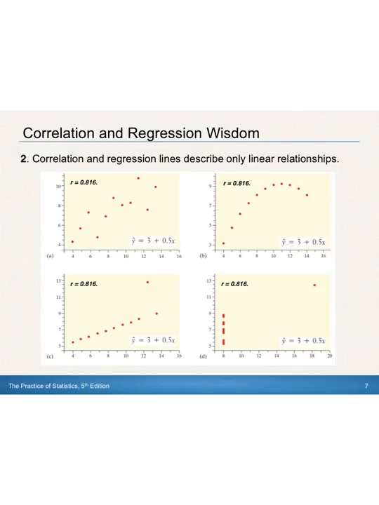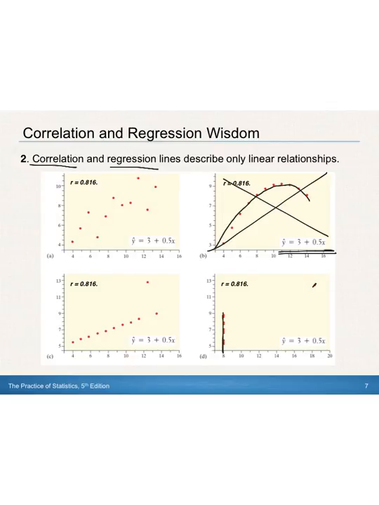One of the things you need to be really careful with is that we have focused almost exclusively on linear models, and so remember that correlation and regression lines only describe linear relationships. So we can't use R to talk about the strength of this one. You wouldn't use a linear model because obviously it has a curve, and this one is not linear either.